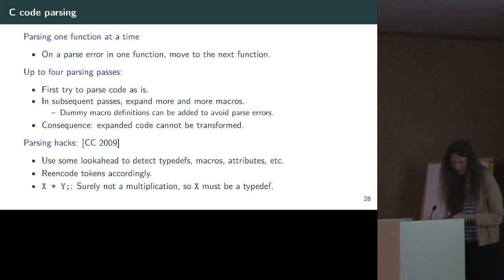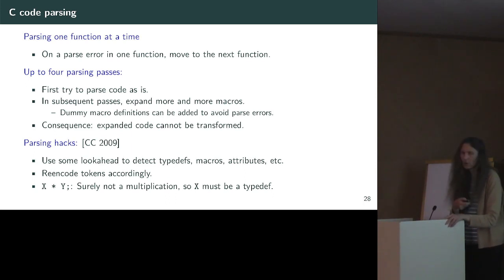The most traditional example is an ambiguity in the C language. If you don't have typedef information, and remember we don't have header files, so we don't have much typedef information, and you see X times Y semicolon, okay, we think Linux kernel programmers are knowledgeable people, and they don't do completely useless things. A multiplication at top level is a completely useless thing.